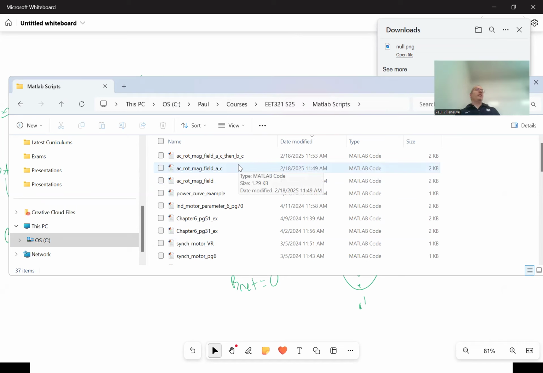Go back to 2/18/2025, just over a month ago. These are when we did these. These 3 scripts, we built them and we kept changing them, right? We started out with generic, then we did AC, and then BC. We did all those during class where we changed those angles.